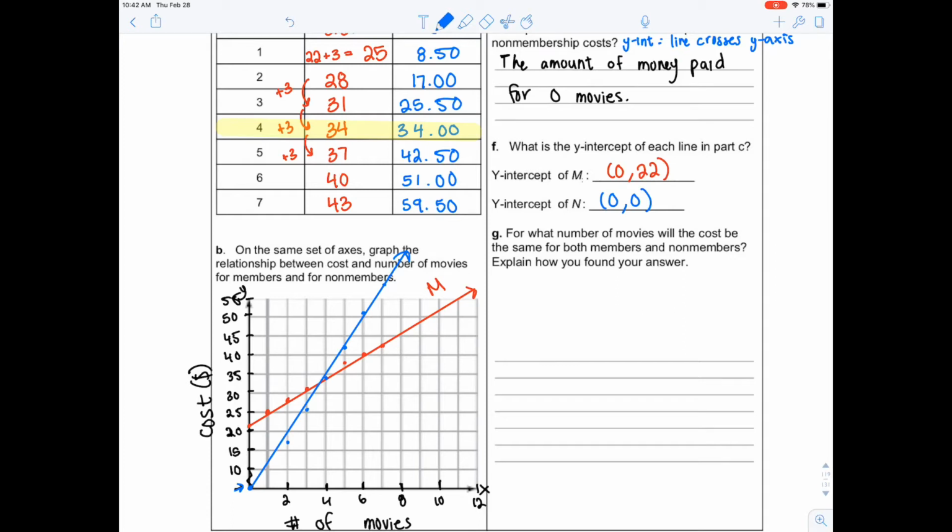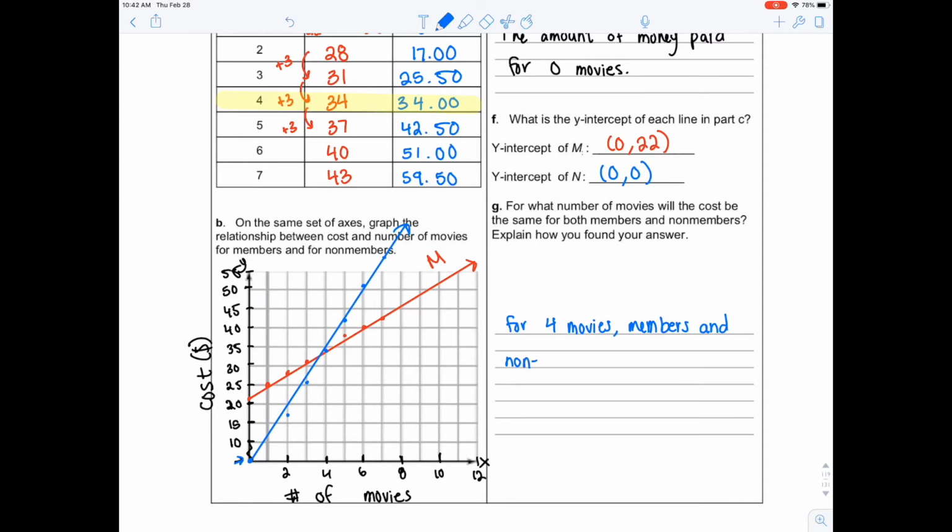So let's say for 4 movies, members and non-members pay $34.